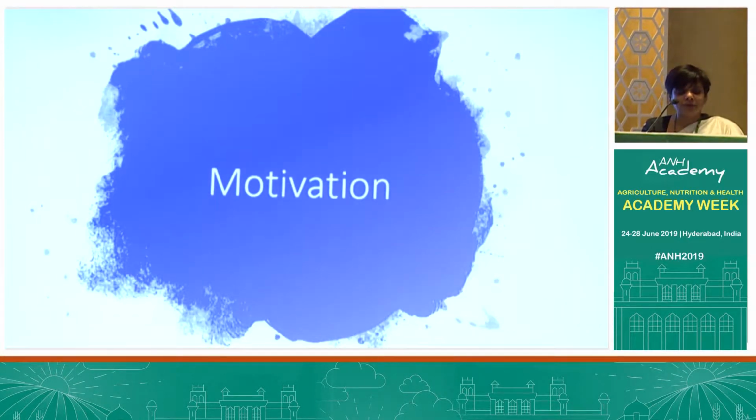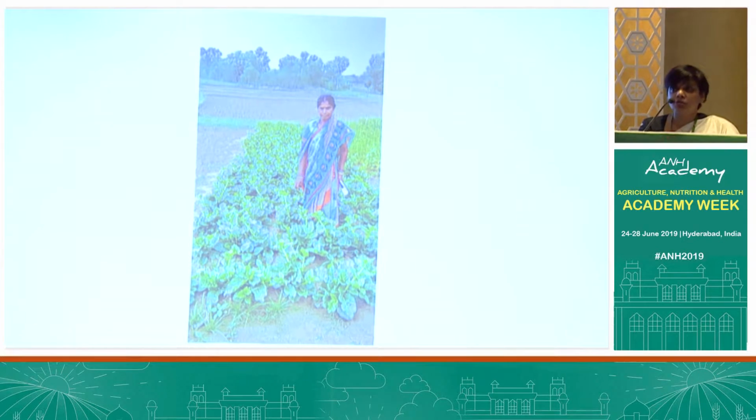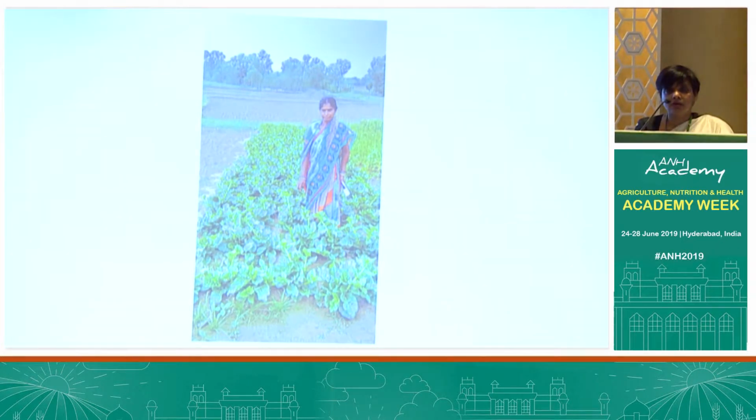So what's the motivation behind this study? We know there have been several systematic reviews over time, most recently by Marie and colleagues, who confirm that agriculture interventions can be made nutrition sensitive, and if they are, they can have intermediate impacts and also an ultimate impact on nutrition outcomes.